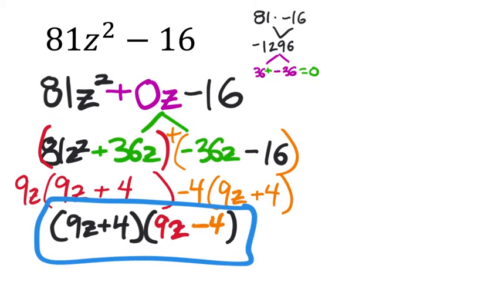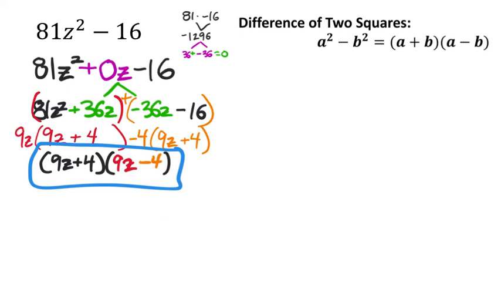On the other hand, though, so difference of 2 squares. Let's look at the original expression here. We had 81z squared minus 16, just minus 16, okay.